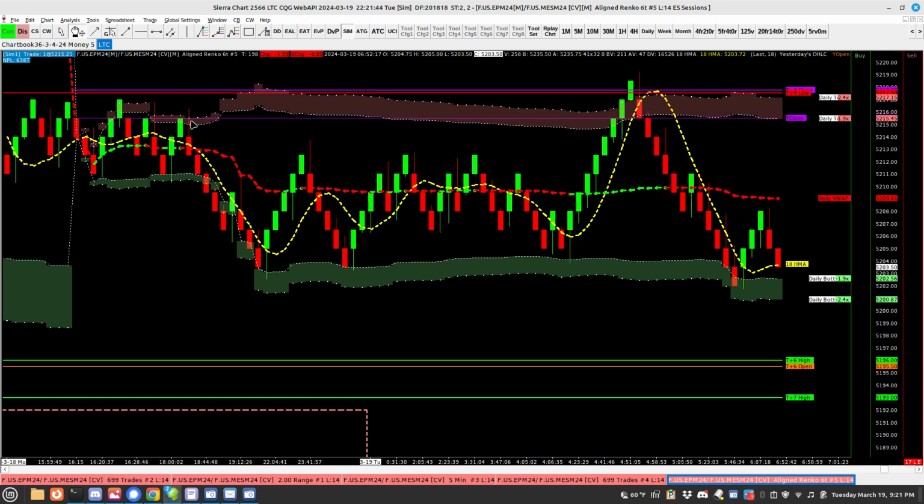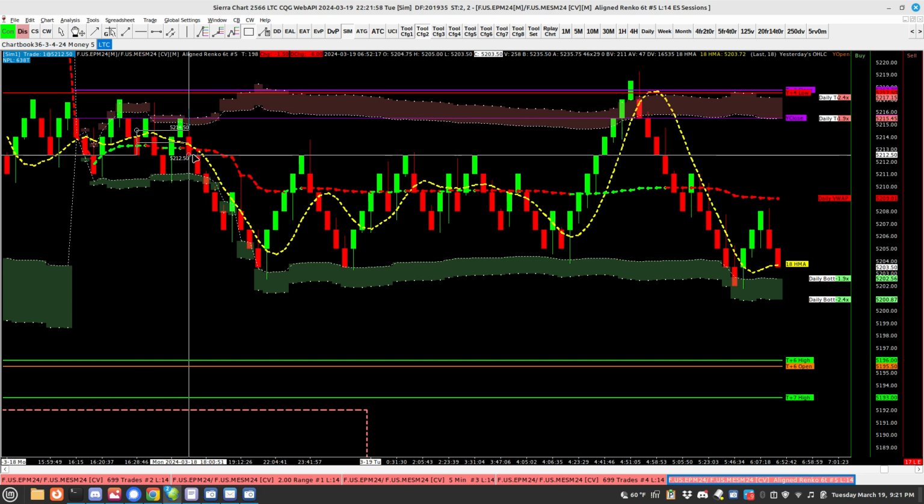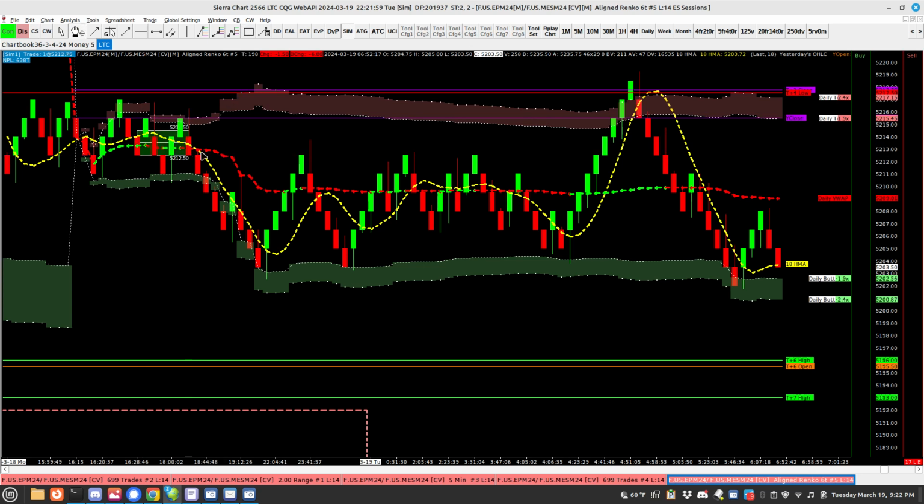Instead of starting at 1800, because at 1800 you have a very, very small range. It would expand and contract, and it's not tradable, okay?